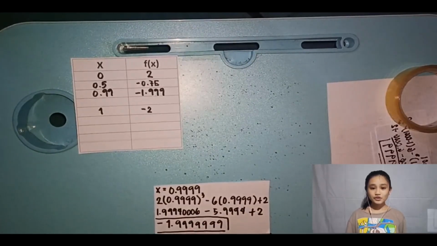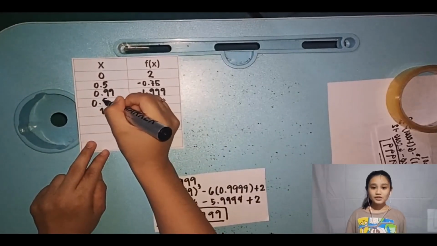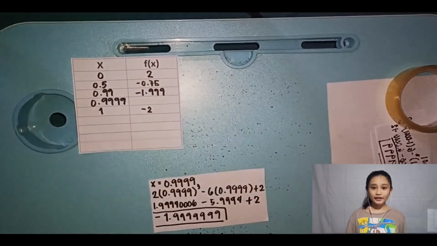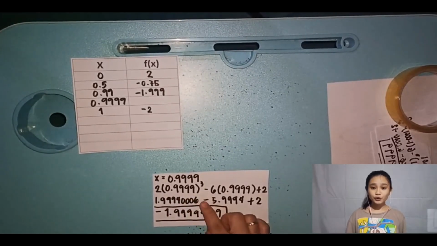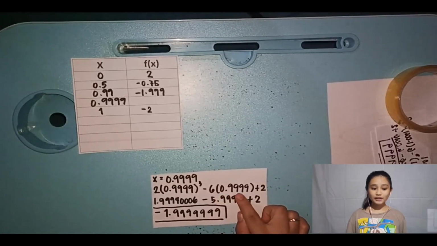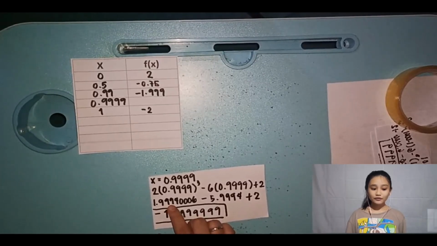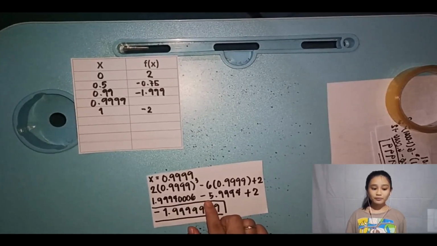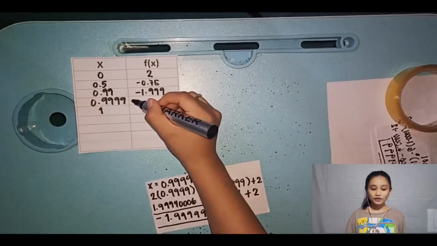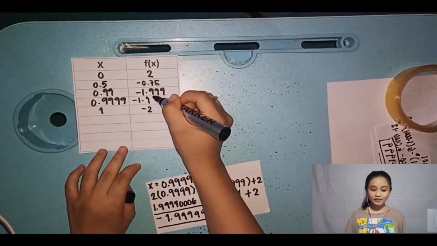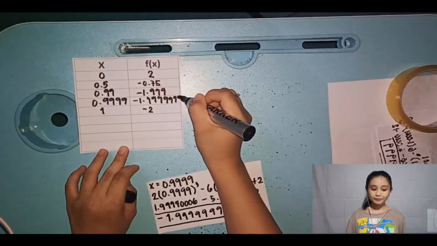Next, let's try 0.9999. Substitute 0.9999: 2 times 0.9999 cubed minus 6 times 0.9999 plus 2. 1.999406 minus 5.9994 plus 2 equals negative 1.9999999.